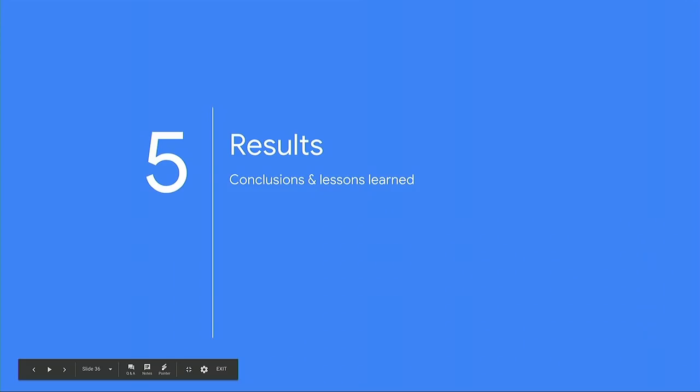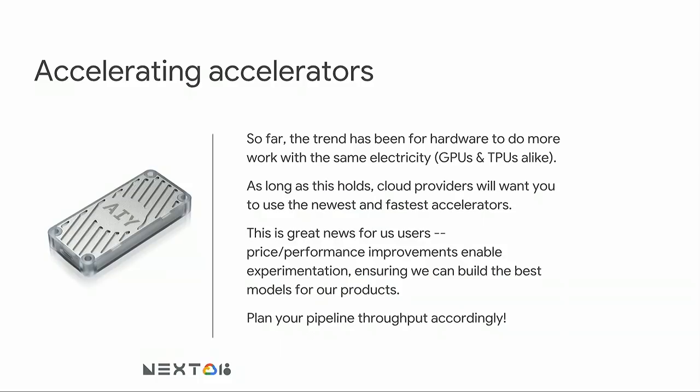Talking about the conclusions and the lessons learned, I want to talk a little bit about the trends we've had, which is moving from GPUs to TPUs. In this case, these were older GPUs to the newest TPUs, and it has been eye-opening.